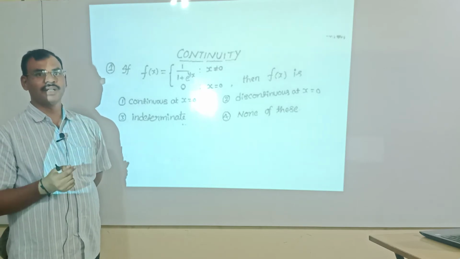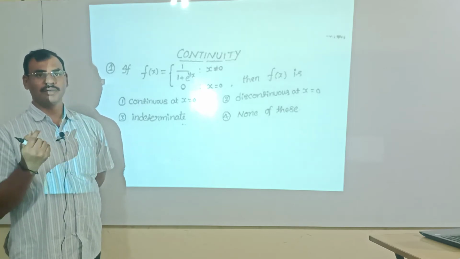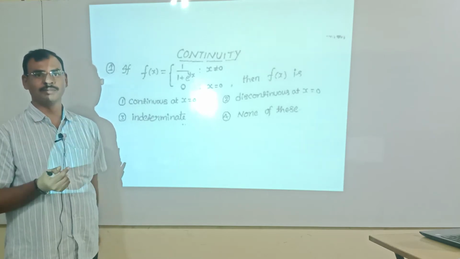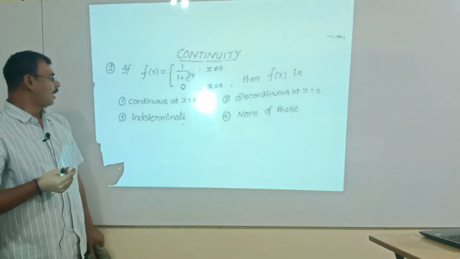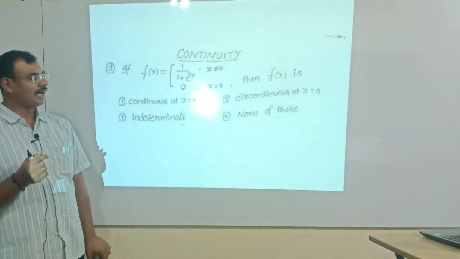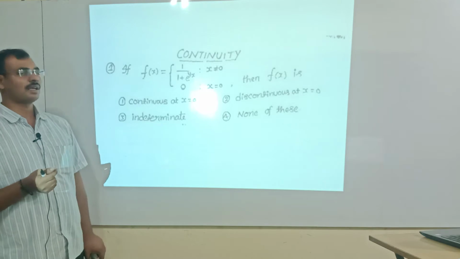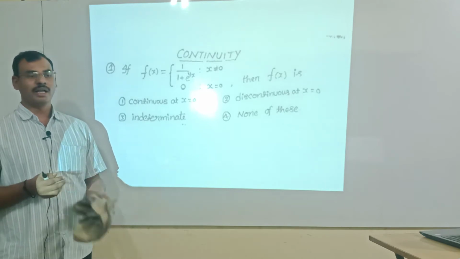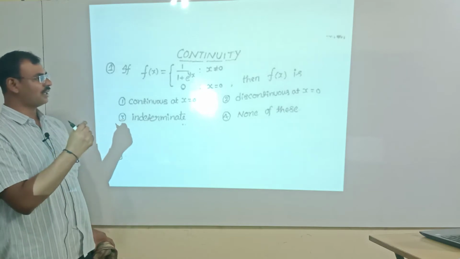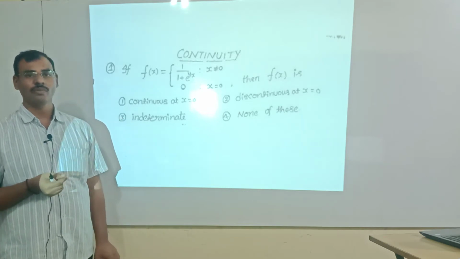Every constant function is continuous everywhere, for all real numbers. Next one is the identity function. The identity function is always continuous. These properties you always have to know.